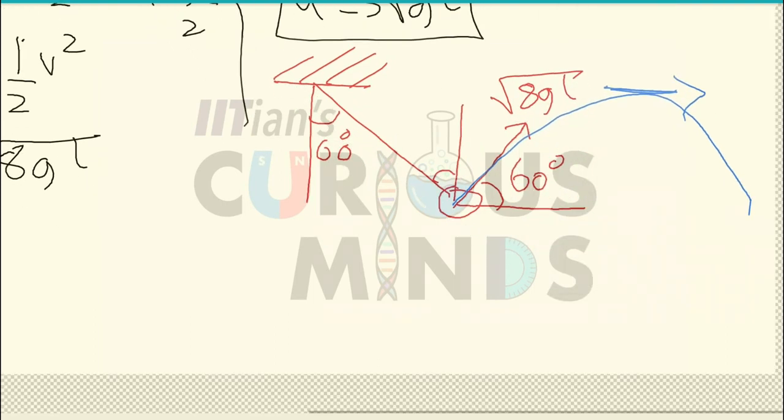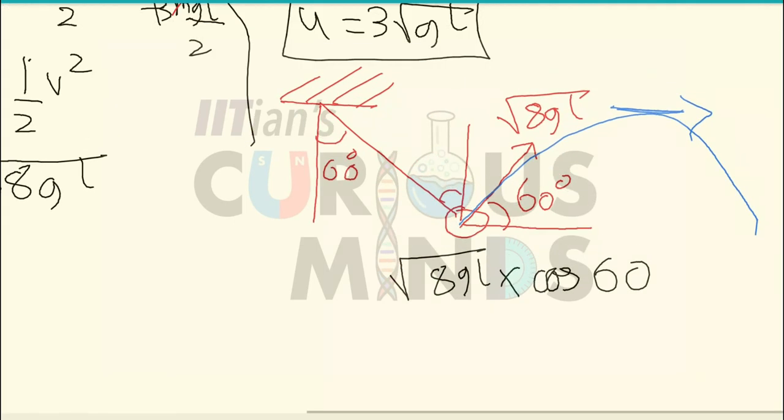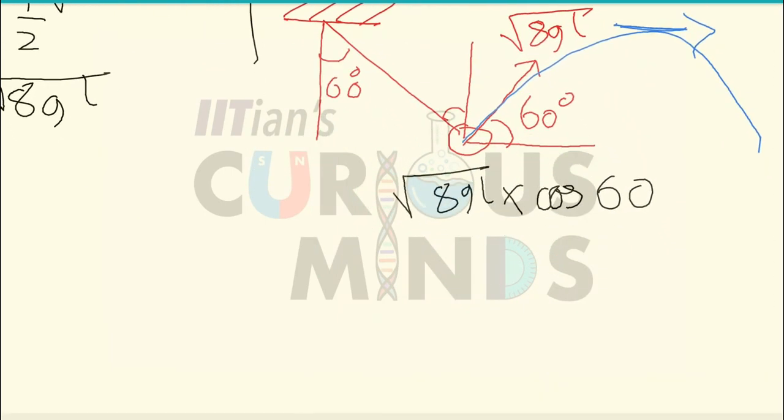So the horizontal velocity will be root 8 gl into cos 60, and cos 60 is half. So it will be equal to root 2 gl. This will be the velocity at the highest point.